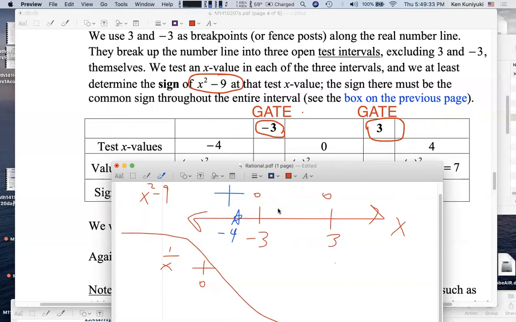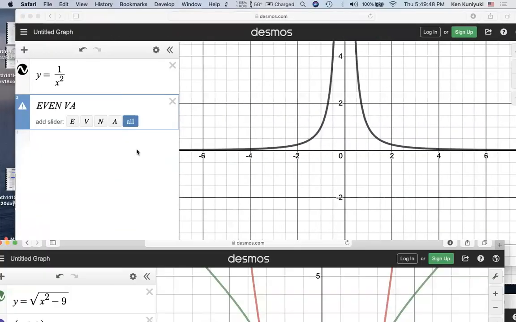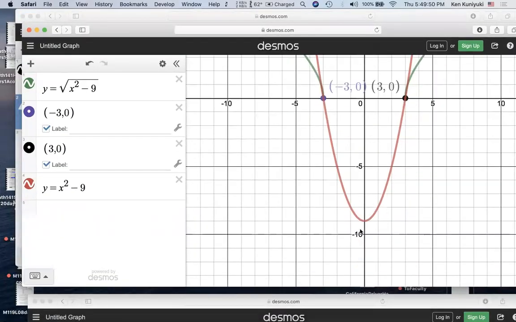All right. We know x squared minus 9 is 0 at x equals -3. What about here? 0 is the obvious test value for x. Plug in x equals 0, we get -9. That was why on that graph, 0, -9 was the vertex of this red parabola.